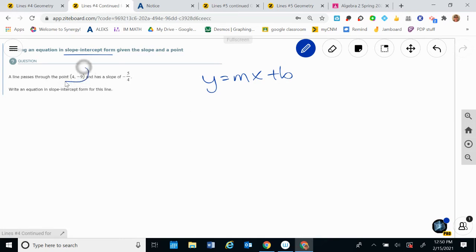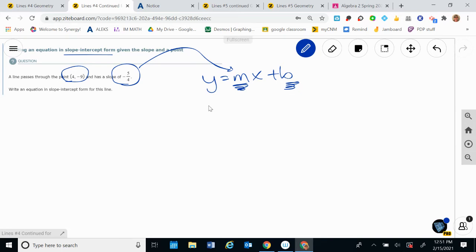They've given you a point and they've given you a slope. And here's your equation. Always start with the formula. You guys write it down. Then talk to yourself. You're like, okay, look, I got the formula. It's slope-intercept. All I need is the m and the b. Well, look, they gave you the m already.